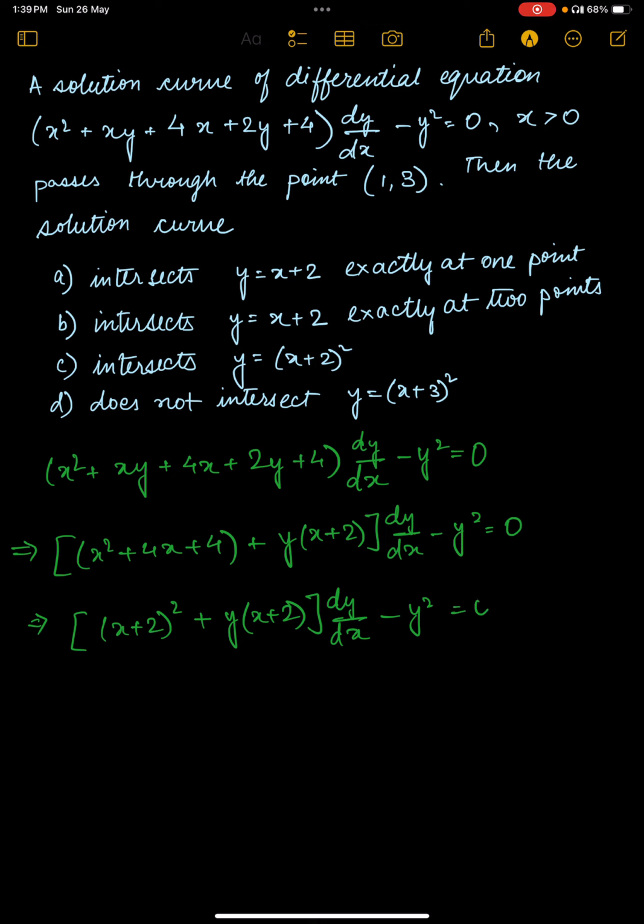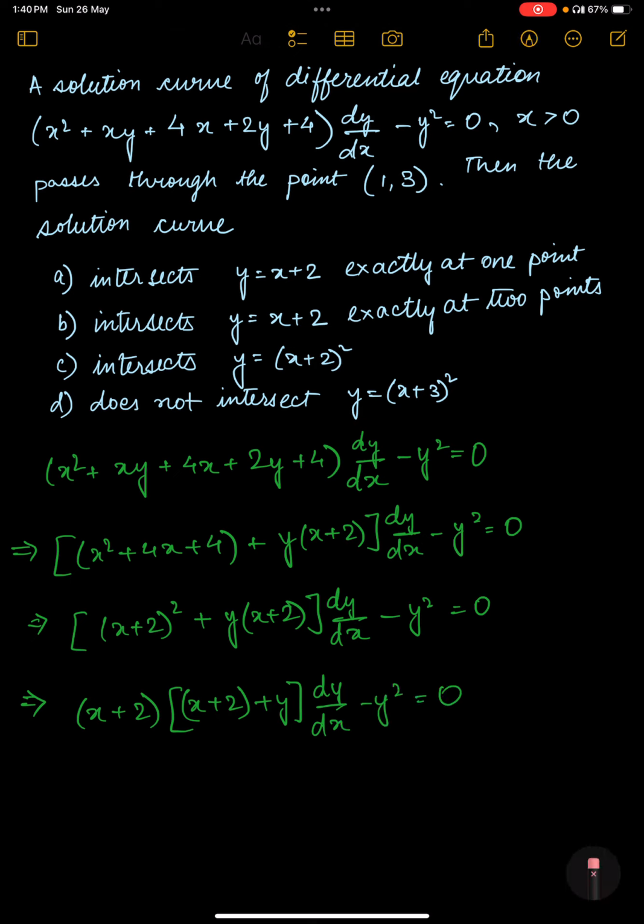Now I can very easily take the term x plus 2 common, and it will look something like this: x plus 2 into x plus 2 plus y dy dx minus y square. This is one approach.